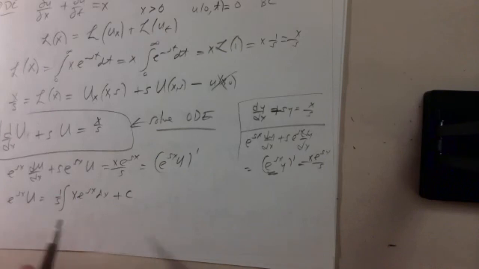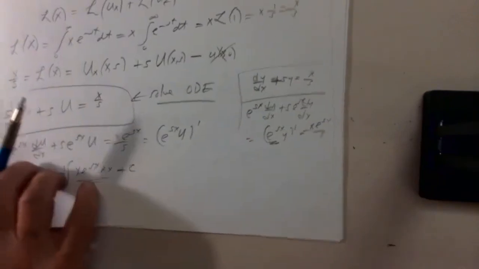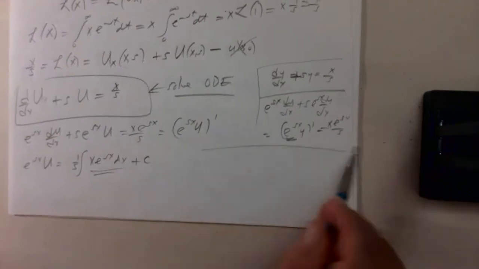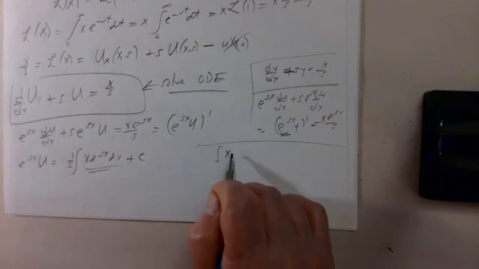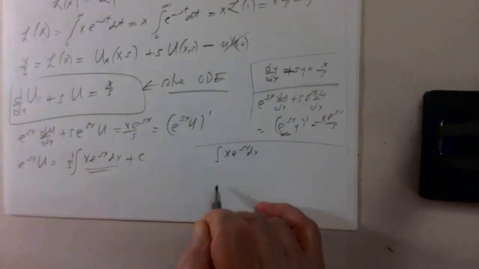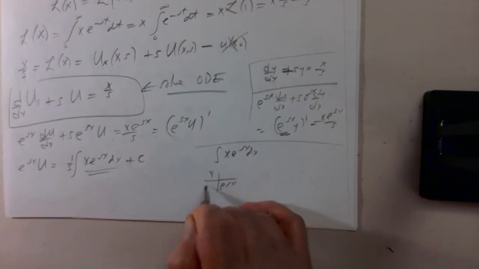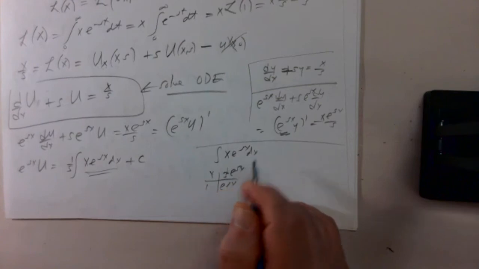Let's see. What is this integral equal to? So we have the integral of x e to the sx dx. If we're going to use integration by parts, x, and e to the sx has antiderivative 1 over s e to the sx.